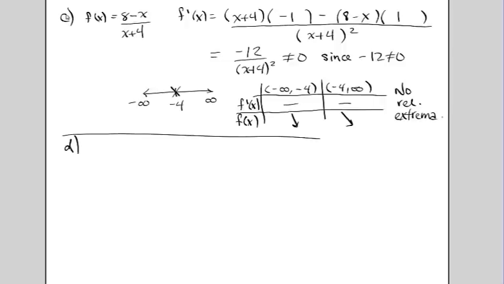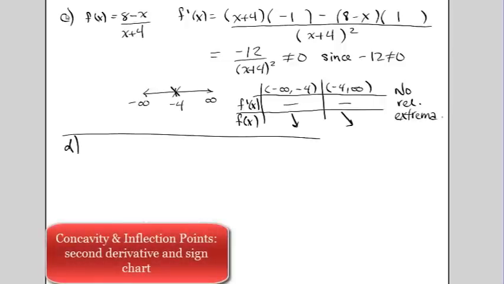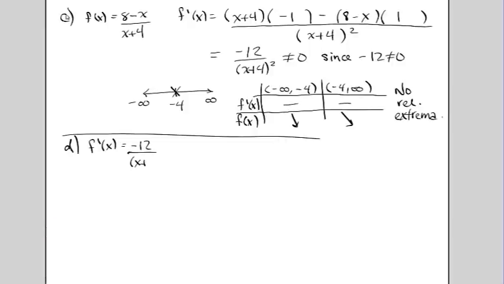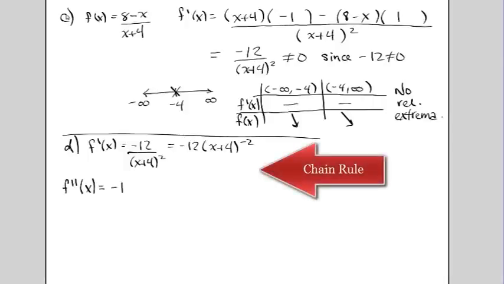Now for part D, we need to determine intervals in which the function is concave up and concave down and find any inflection points. This process is the same as above, except it uses the second derivative. So let's recall the first derivative. I can rewrite this in the following way, then the second derivative is found by using the chain rule.